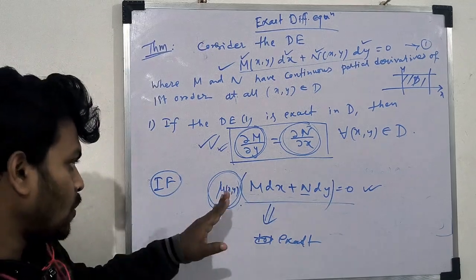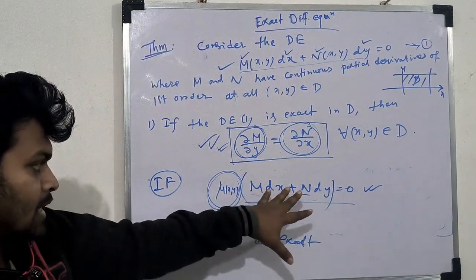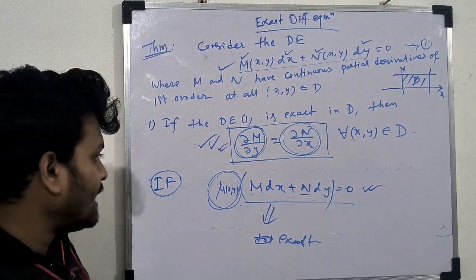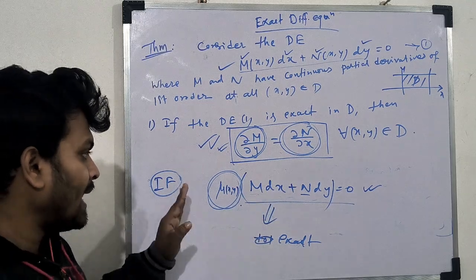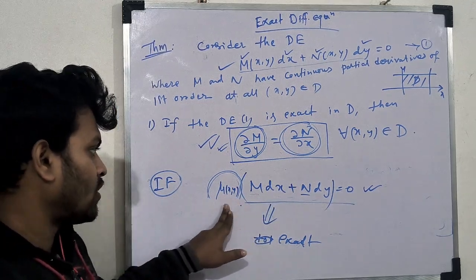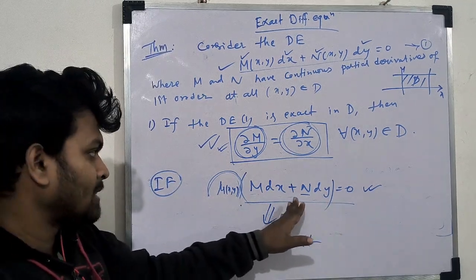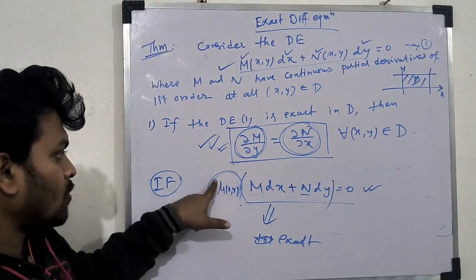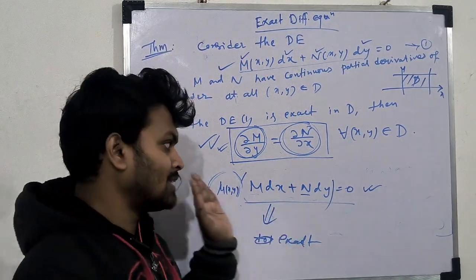So whenever the differential equation is non-exact, the main goal is to find the integrating factor, so that by multiplying by it we get an exact differential equation. That is the challenge in this chapter. So we have to find this factor, the integrating factor, and I will talk about it.